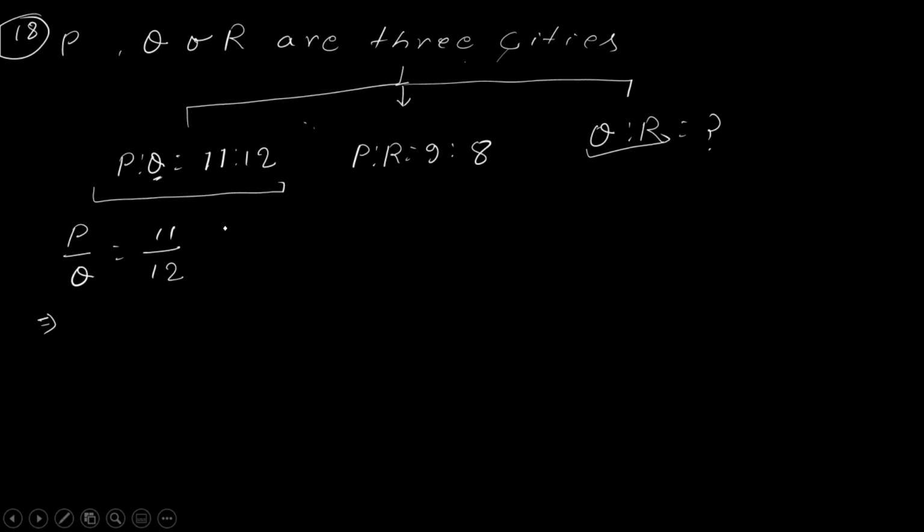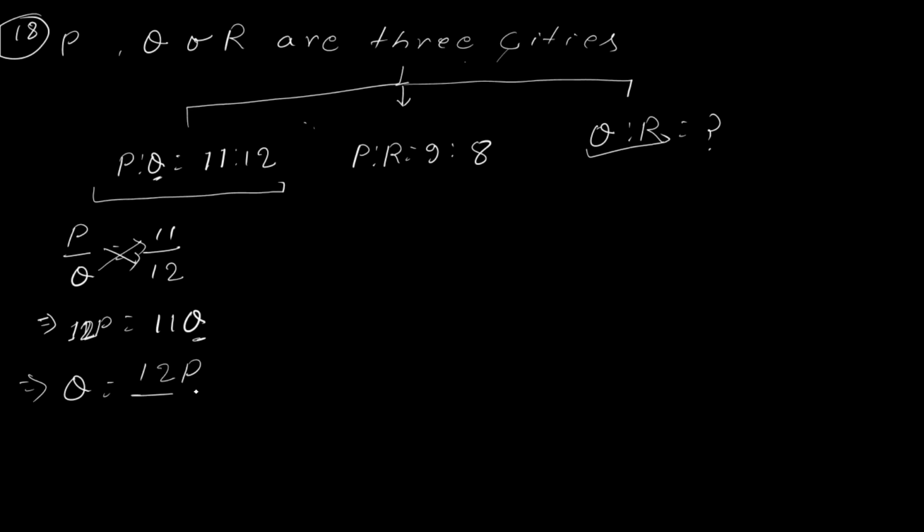Same thing, beta, cross multiplication. 12P equal to 11Q. Hence Q equal to 12P divided by 11. This I am going to use.